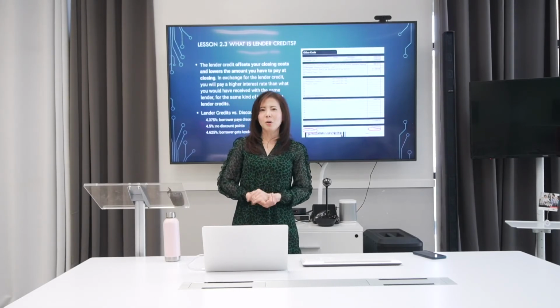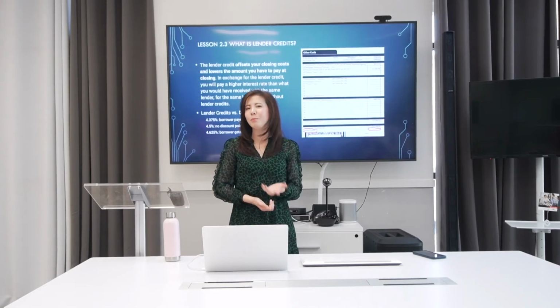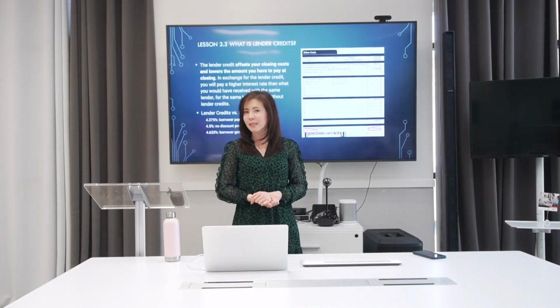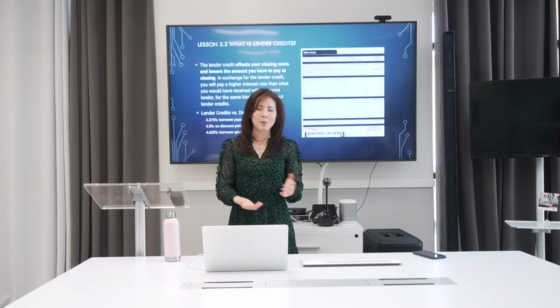But some borrowers say, I want some credit from the lender to help me cover some of my closing costs. Then the lender will say, okay, how about 4.625% interest rate, and I will credit you $1,000, just to make an example, right?